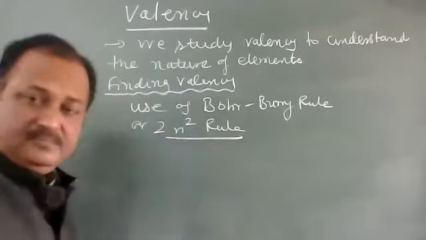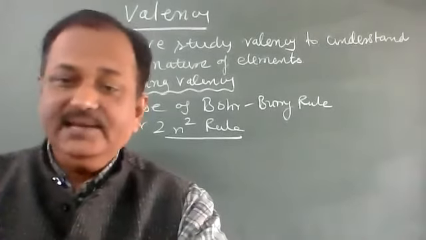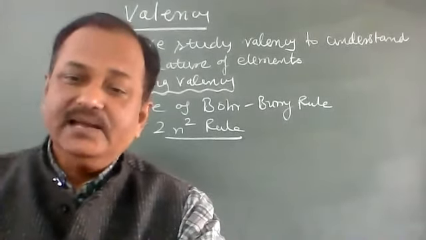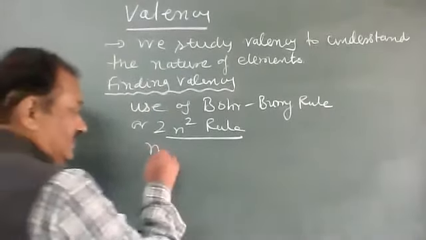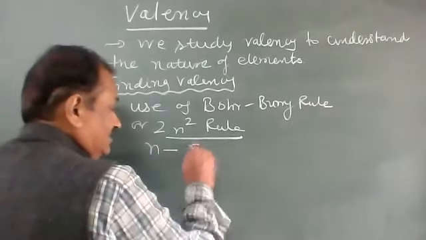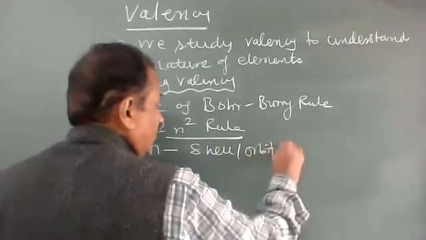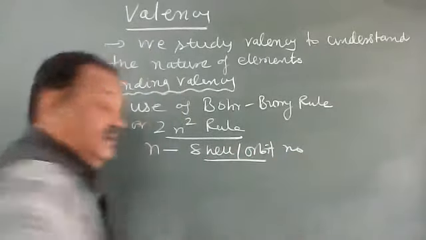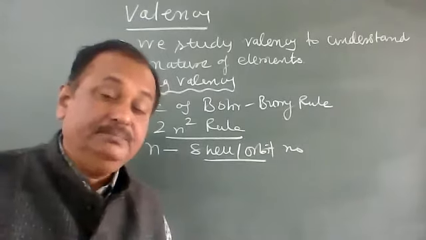We also call it the 2n square rule, and here a small n is the cell or orbit number, that is, to which orbit an electron belongs.